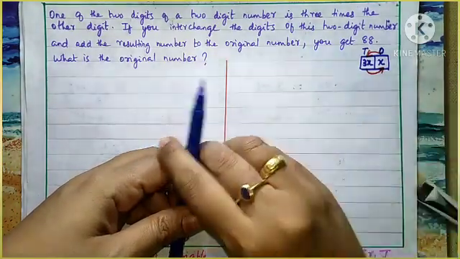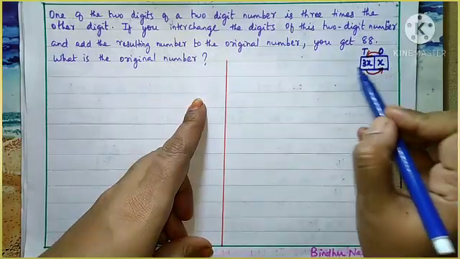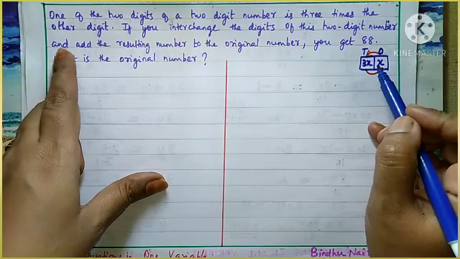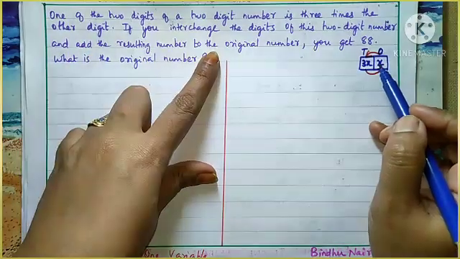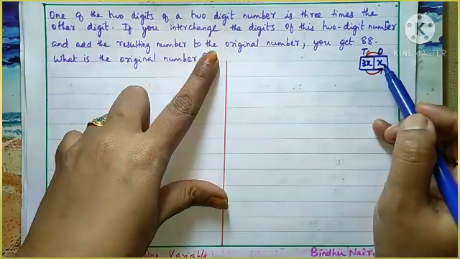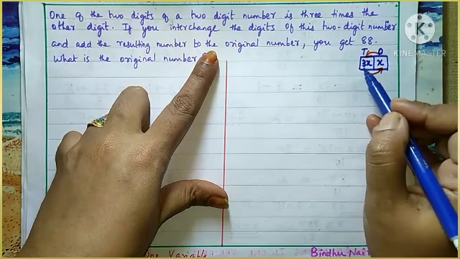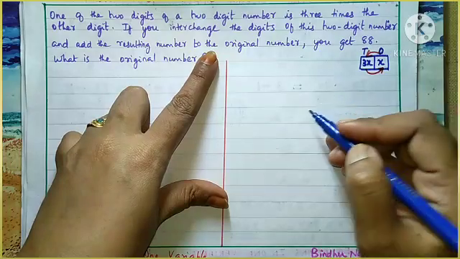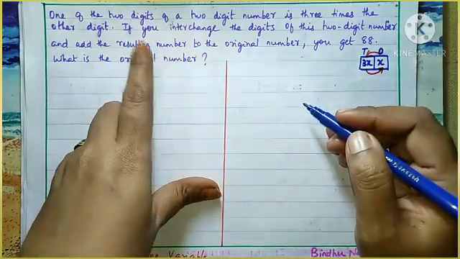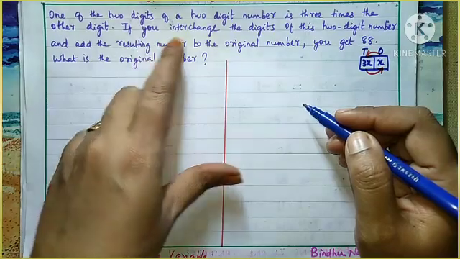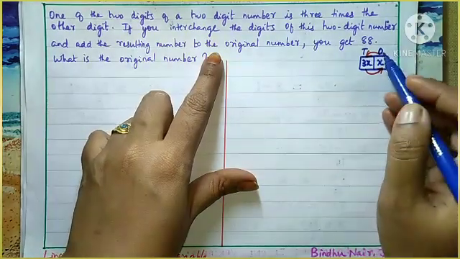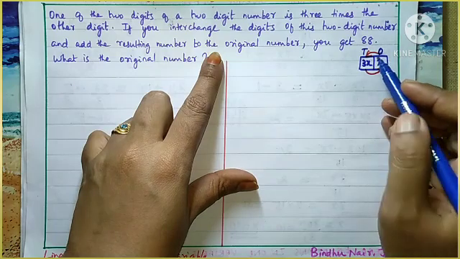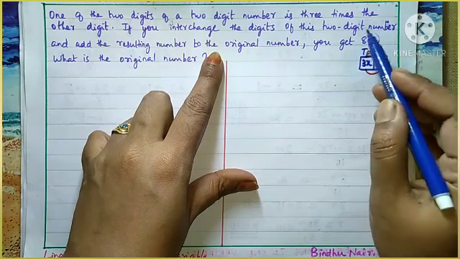And add the resulting number to the original number. Resulting number means after we interchange these digits, we get a new number. That new number is the resulting number, and the original number means the first number. When you add this new number and the original number, you get the sum 88.